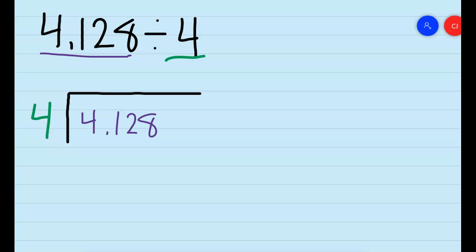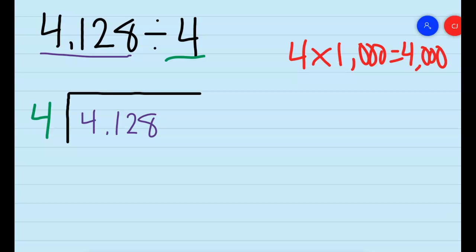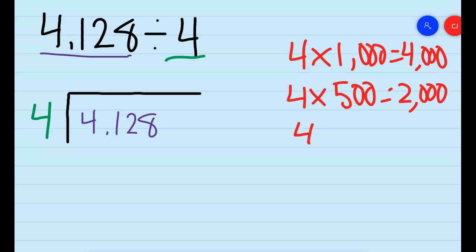So again, students will still come over here and practice their multiples. So let's say, okay, 4 times 1,000 equals 4,000. And they'll say 4 times, maybe they'll say 500 equals 2,000. And then 4 times 100 equals 400.